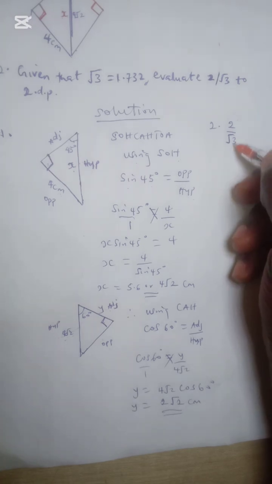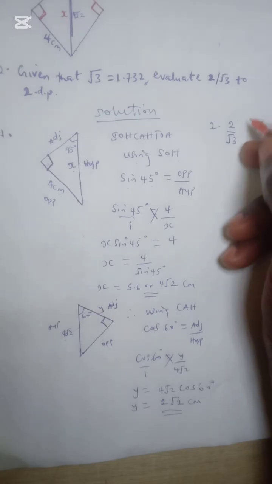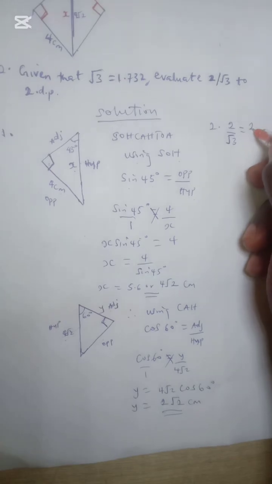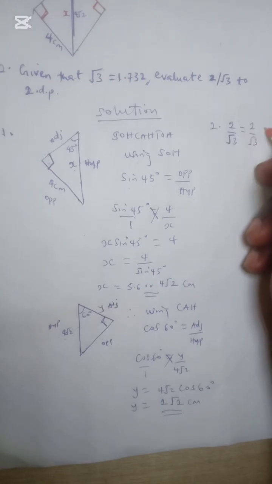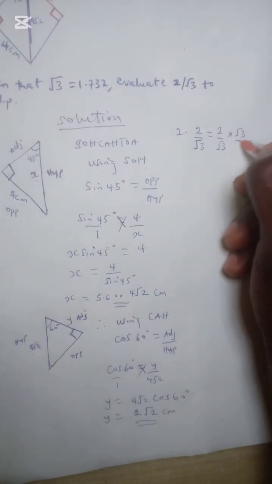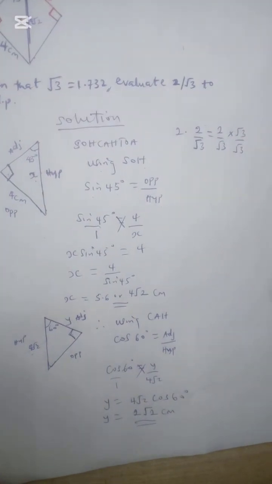Anytime you have 2 over root 3, that is an irrational number. So we are going to rationalize. To rationalize, we multiply 2 over root 3 by root 3 over root 3. That is the meaning of rationalization.